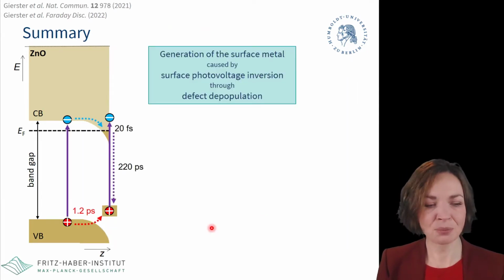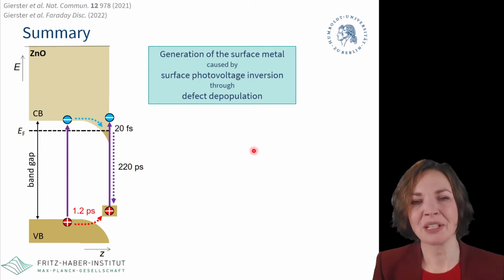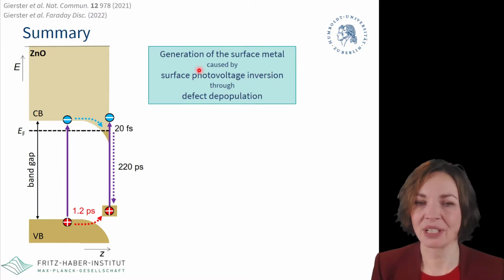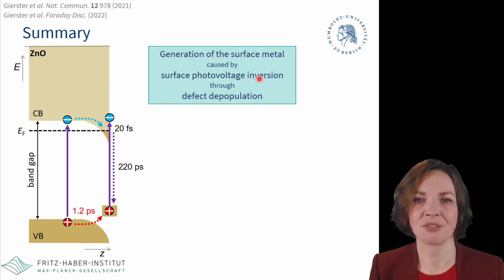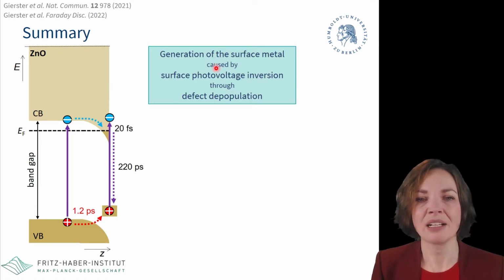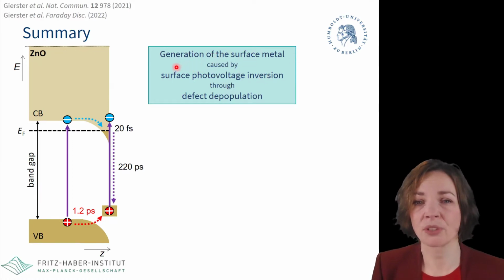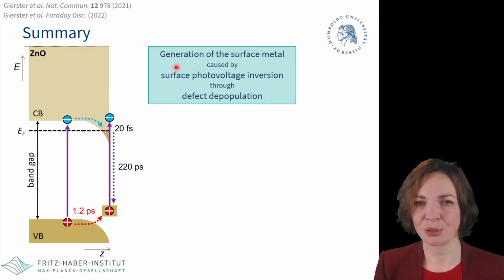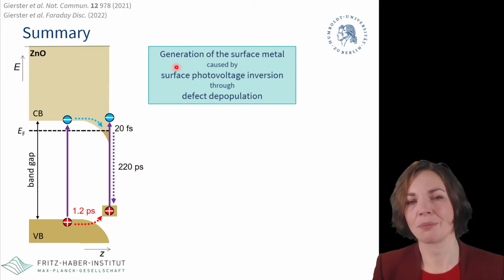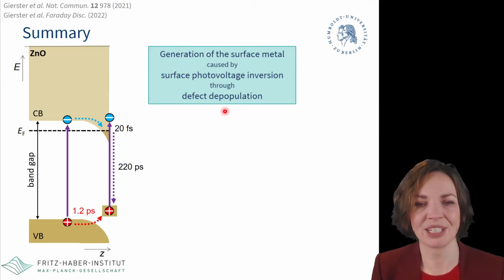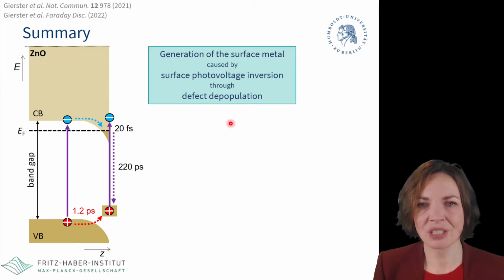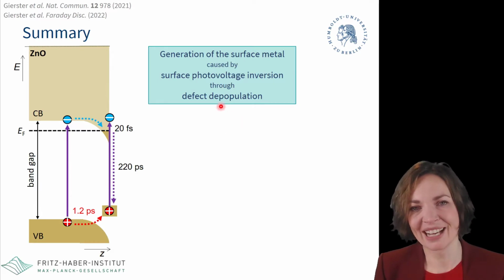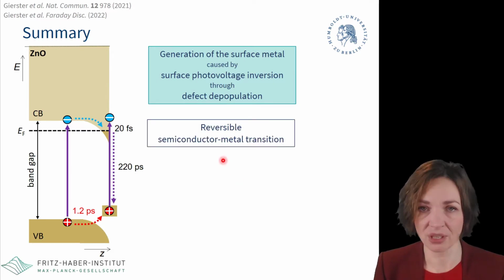So I hope I could show you that we observe an ultrafast generation of a surface metal caused by surface photovoltage inversion through defect depopulation, which then leads to the formation of defect excitons. This transition has many nice aspects. It's reversible.